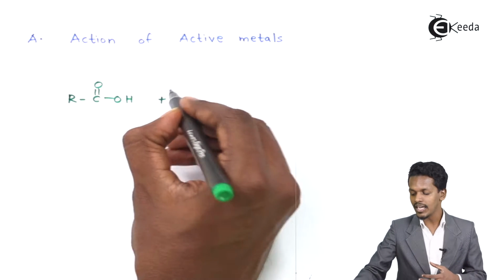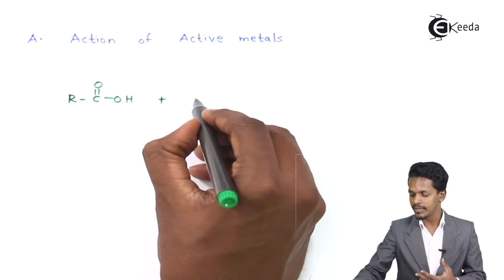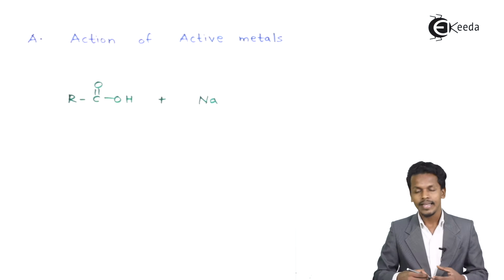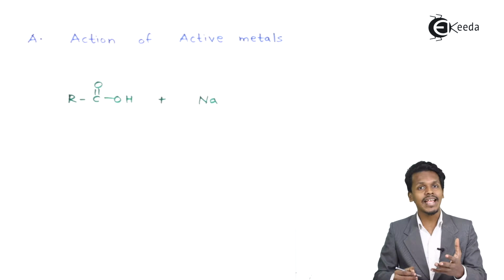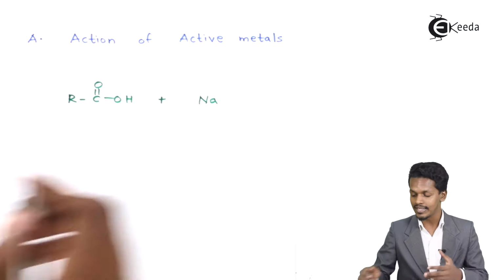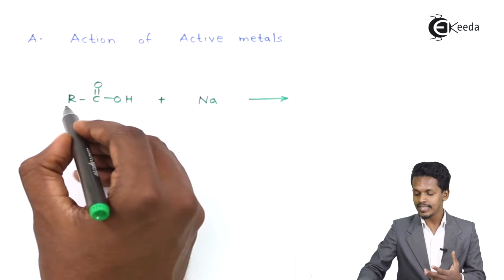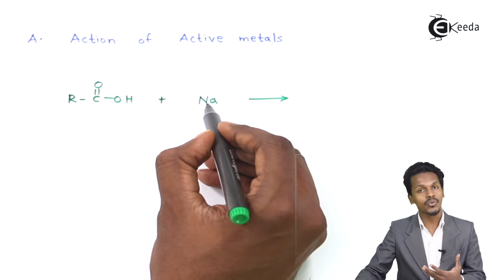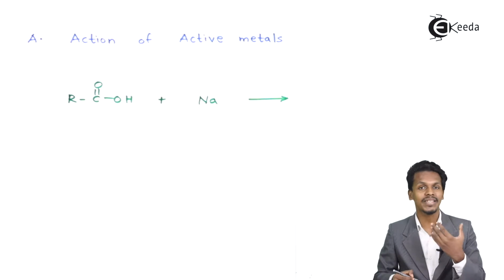And suppose we are reacting it with active metals, like sodium. It has been found that the carboxylic acid reacts with sodium with the evolution of hydrogen gas. Sodium is basically univalent, that is, it has a valency of 1.